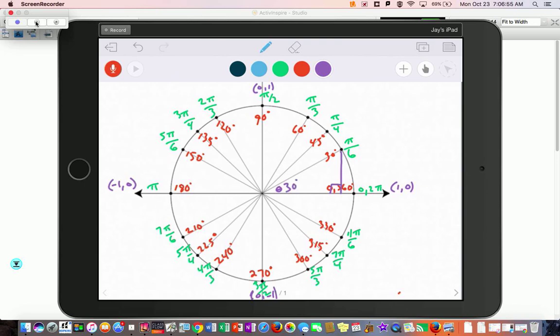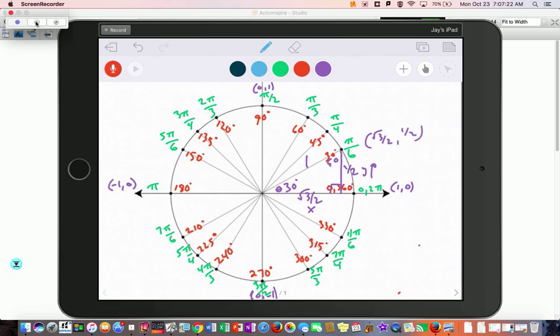So if that's 30, then this angle up here is 60. And so if my unit circle has a radius of 1, this side is 1/2, this side is √3/2. Now we don't want to have to do this every time we do an angle, but that's what it is. Now my x value is how far did I go to the right, so that's √3/2, and this is my y value, how far did I go up?